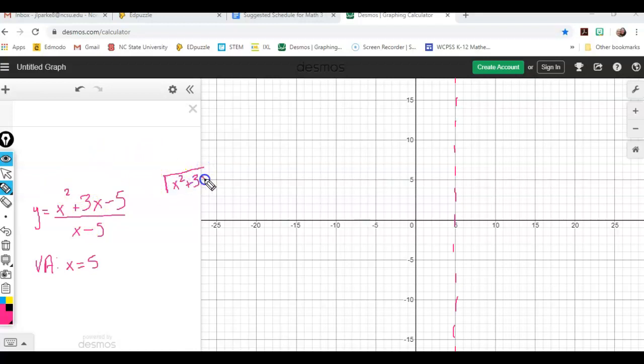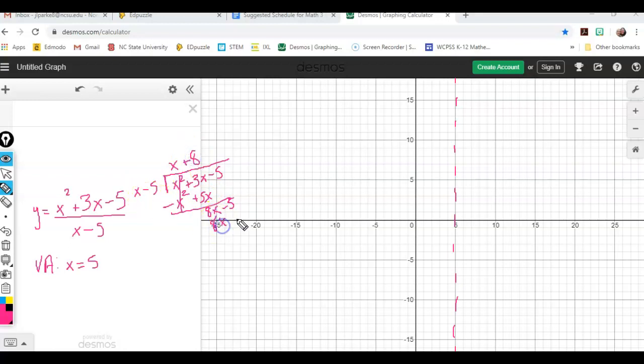So x squared plus 3x minus 5 divided by x minus 5. So that's going to be x. I get x times x minus 5x, so that's x squared, excuse me. And then when I subtract, minus a negative is plus a positive, so then this is going to be 8x minus 5. And then that's just going to be 8.